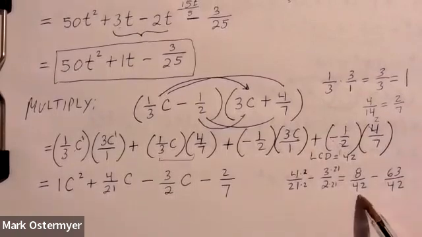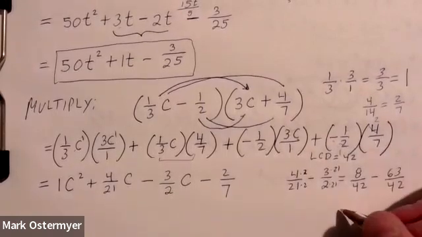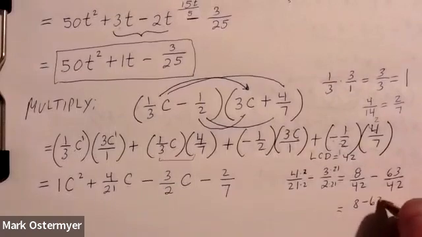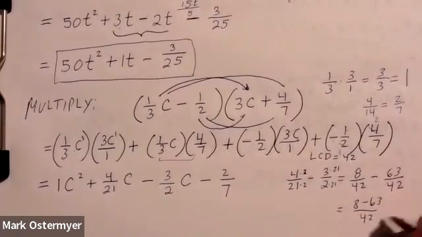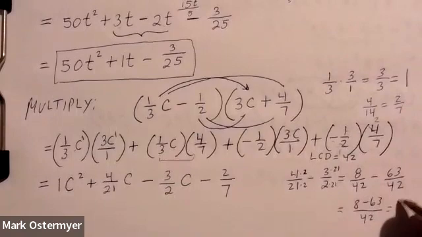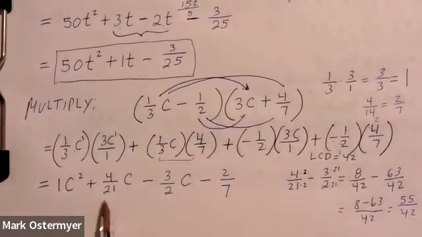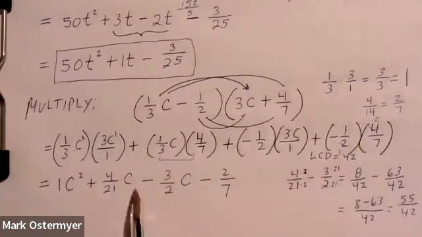Now, what's 8 forty-seconds minus 63 forty-seconds? What's 8 minus 63? I believe that's going to be 55. So 55 forty-seconds. So therefore, these c terms combine to give us 55 forty-seconds c.